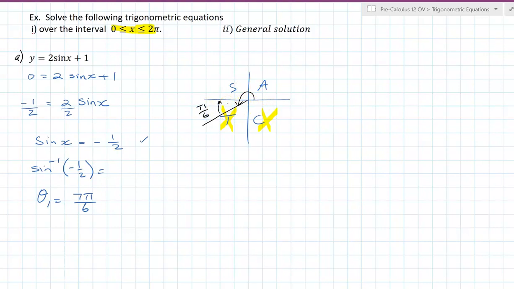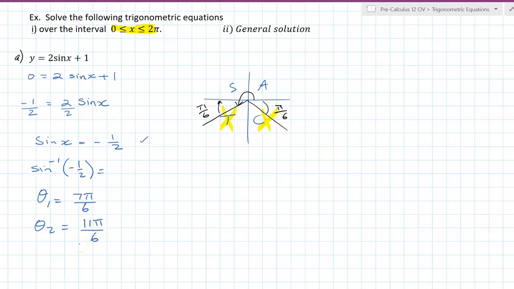Fantastic. The next one has to have the same reference angle of pi over 6, but in the fourth quadrant. So theta 2 will be basically 12 pi over 6, which is the entire turn, but subtract away pi over 6, and that will be 11 pi over 6.